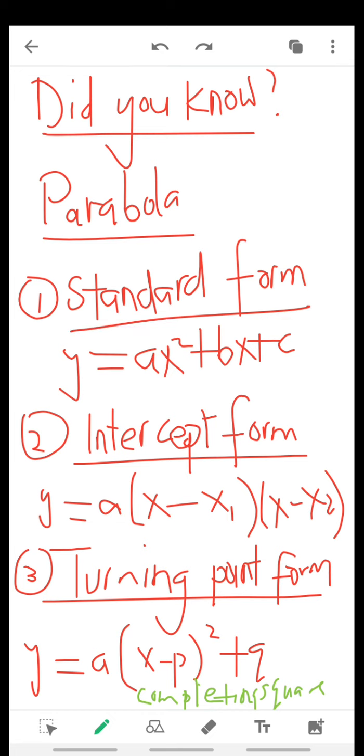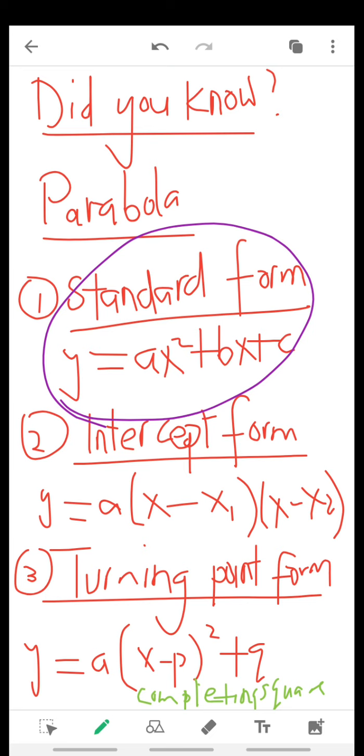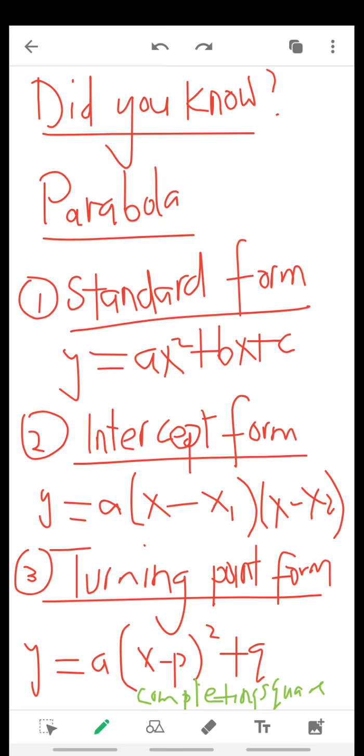Standard form also works best when you're given some information like a and maybe another intercept as well as the y-intercept. So these are three different forms that we can write the equation of a parabola, but they will always simplify to the standard form. And with the turning point form, we normally use completing the square to find that form.